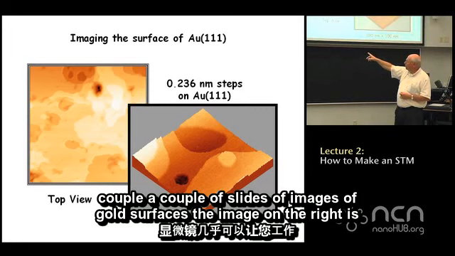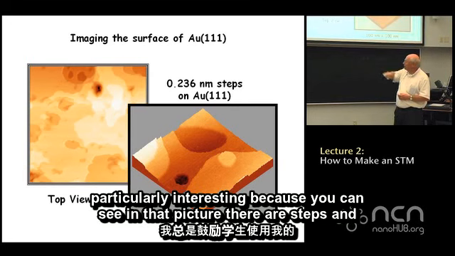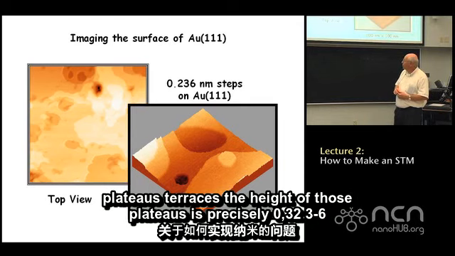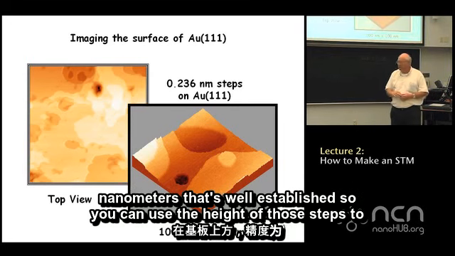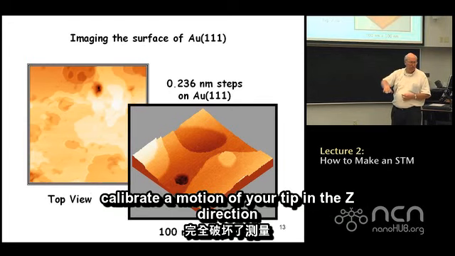The image on the right is particularly interesting because you can see in that picture there are steps and plateaus, terraces. The height of those plateaus is precisely 0.236 nanometers. That's well established. So you can use the height of those steps to calibrate the motion of your tip in the Z direction, right?